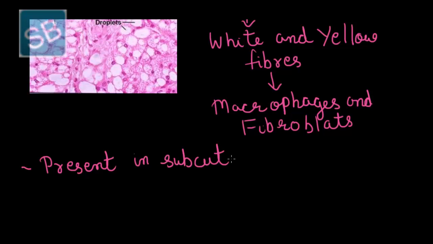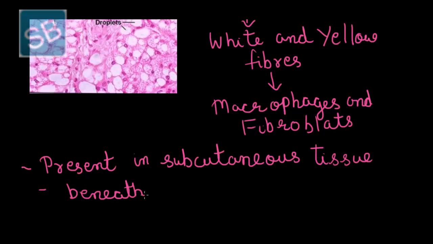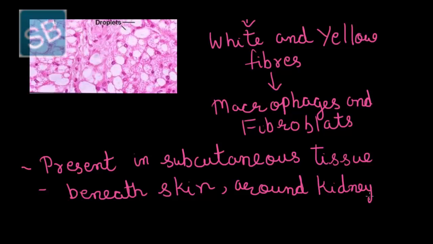Thus, this type of tissue helps to conserve body from heat. Moreover, this tissue is generally present beneath the skin, in kidneys, around kidneys, and bone marrow.